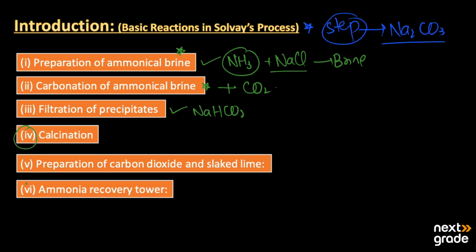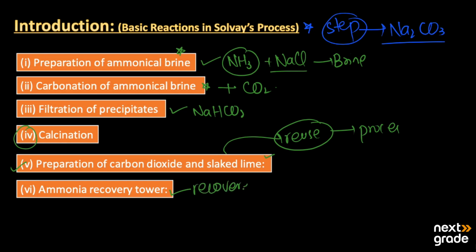After calcination, we have the preparation of carbon dioxide and slaked lime for reuse in this process. And the last step is the ammonia recovery tower, in which the ammonia is recovered and then used again for the first step, the preparation of the ammoniacal brine.